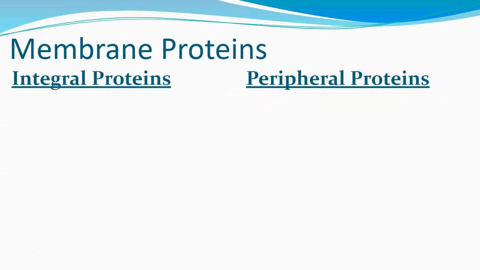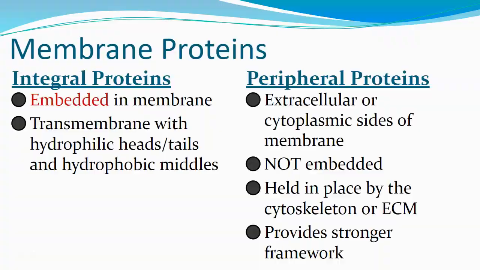Okay, so I mentioned these two before. Integral just means integrated. So it is embedded or inserted into the membrane. It's transmembrane, meaning that it goes across the entire membrane through the tails and heads of the phospholipids. Peripheral just means that it's on one side, it's on the periphery.